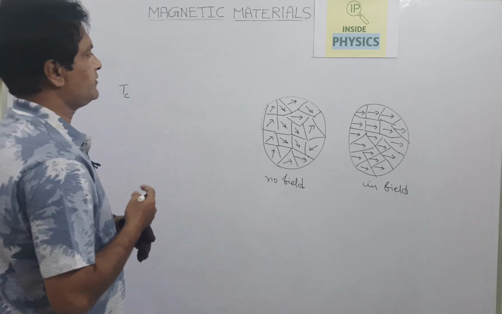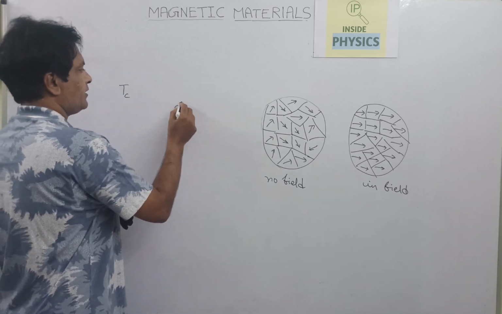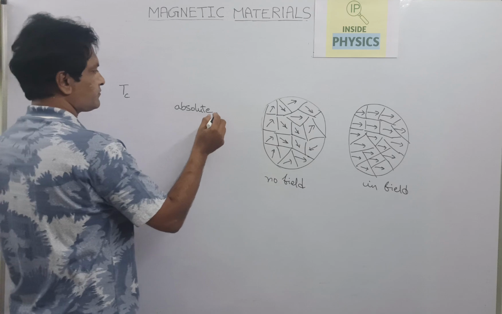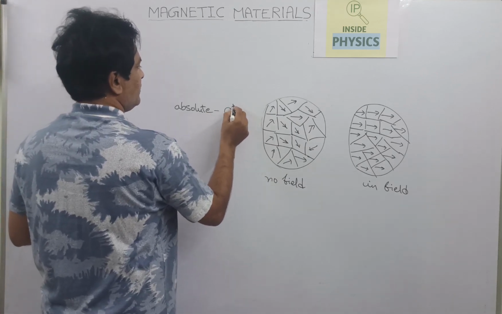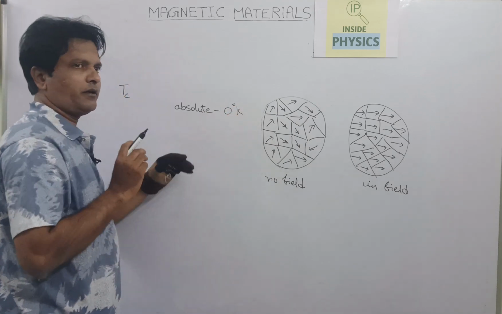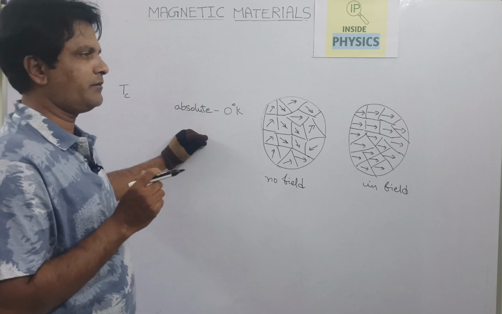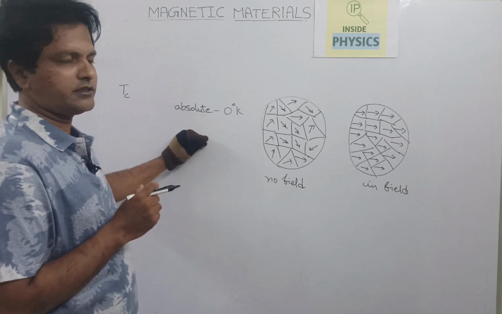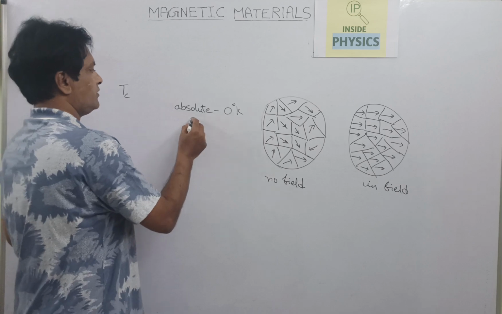Naturally, at absolute temperature, that is 0 Kelvin, the magnetization will be 100%. There is a saturation spontaneous magnetization at absolute zero.